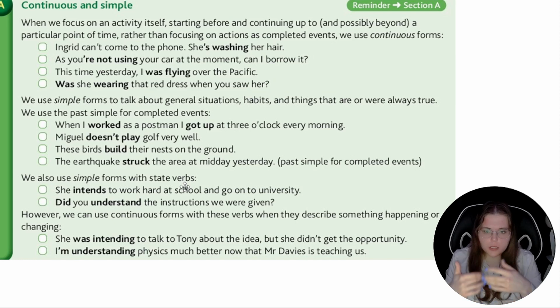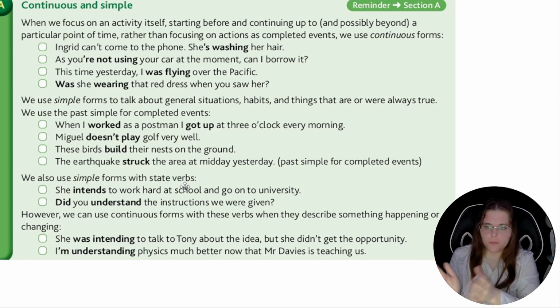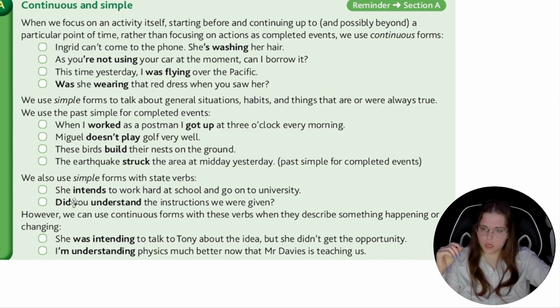This house belongs to me or not to me, and it can belong to maybe Mr. Jackson, not me. So just facts and verbs without any dynamic. So she intends to work hard at school and go on to university. Did you understand the instructions we were given?